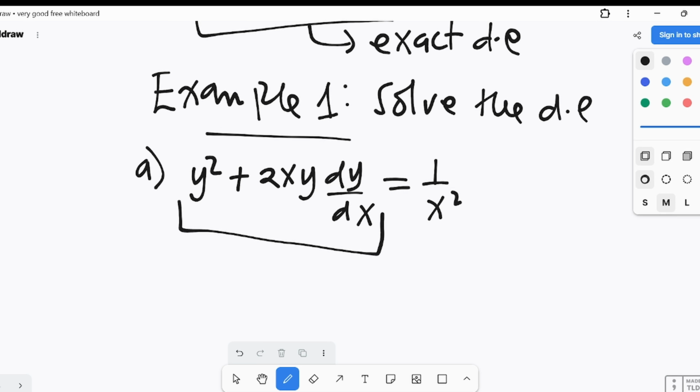Now, how do you identify an exact DE? You identify it by how a derivative was done. You should always concentrate so much on where the dy by dx is. In this dy by dx, it means something was kept constant and another one was differentiated.